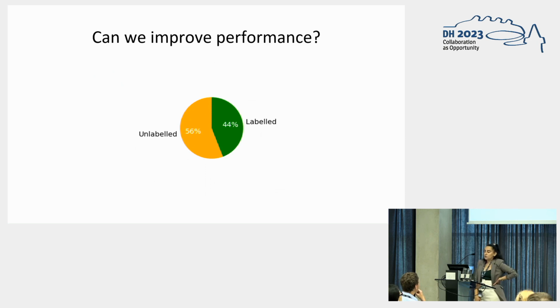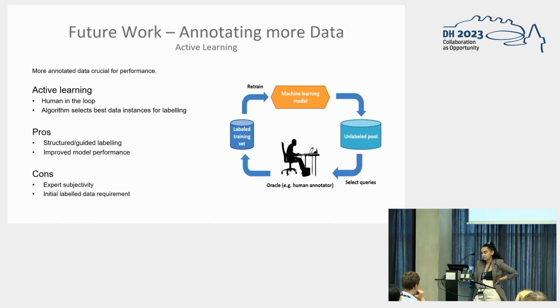So even though our initial results are modest, we believe that we can improve performance by taking advantage of our large pool of unlabeled data. And this is something that, for instance, can be done through active learning, which is a learning paradigm that puts the domain experts in the loop.